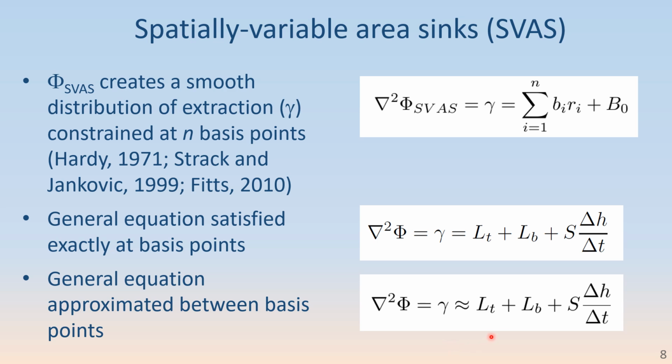So the more basis points you have and the smoother your surface, the better it's going to fit the desired distribution of extraction. And by the way, this is not unlike numerical models where they compute a vertical leakage rate and a storage flux at the center of a cell or at a node, and then they apply that to a broader area in an approximate way. So this is similar in that manner. It's an approximation in between basis points.